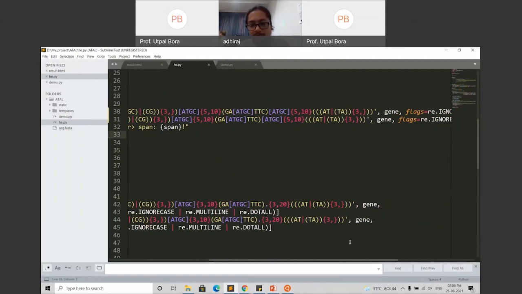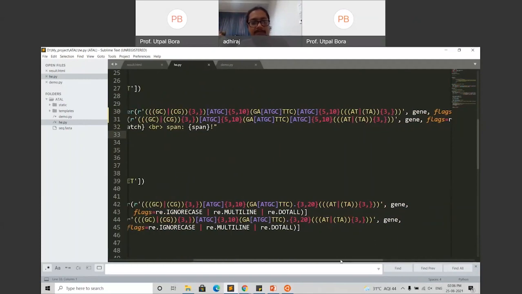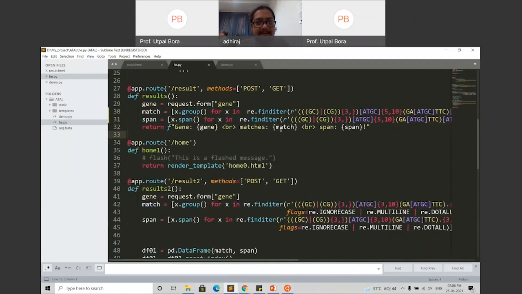I hope you are now familiar with regular expressions. Just by seeing, you can know that this is a regular expression, right? So this regular expression is given inside this Python program, and then I'm getting the matches using this. I'm running through a for loop here, a for loop inside the whole find thing.